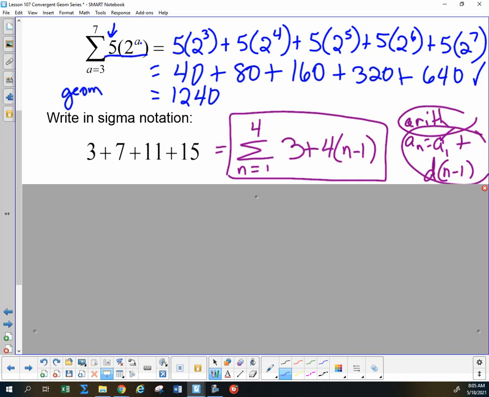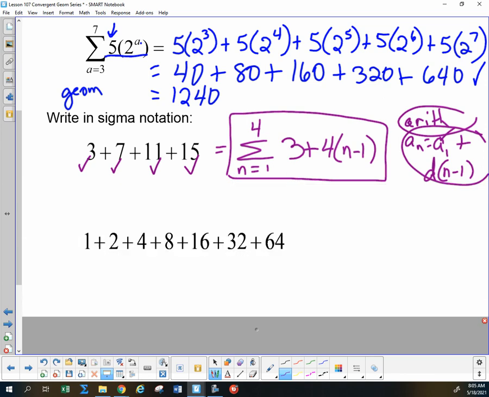If n is 1, 3 plus 4 times 1 minus 1, 3 plus 0, that is 3. Then if we go to 2, 3 plus 4 times 2 minus 1 is 1, 3 plus 4 is 7. Then put a 3 in. 3 plus 4 times 2, that's 11, it worked. Then finally put the 4 in. 3 plus 4 times 3 is 15. Our formula worked.